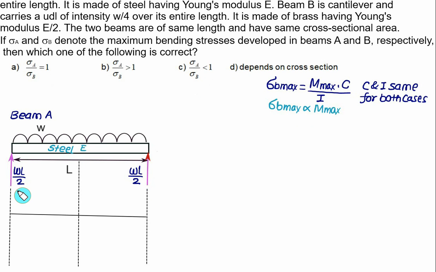On the left support we have a vertical upward force equal to WL by 2, so at this end you move vertically upward by WL by 2. There is a UDL acting here, so you move downward. Total UDL is WL, so WL by 2 minus WL. At this point we are left with a shear force equal to minus WL by 2.